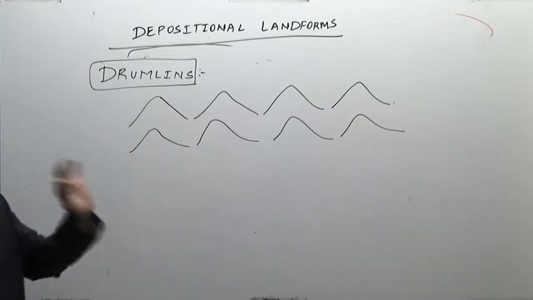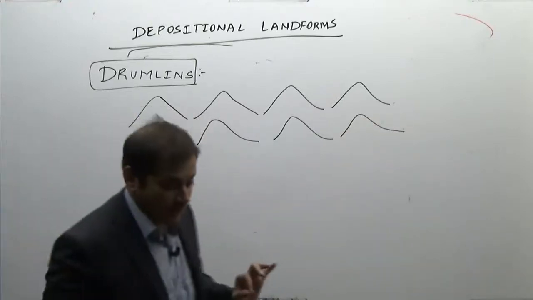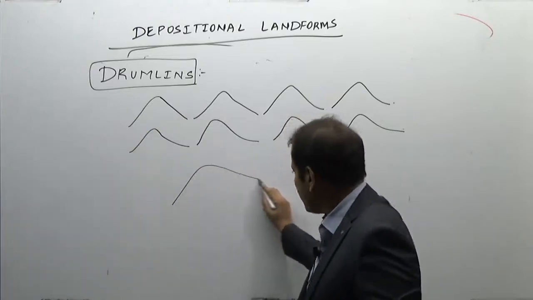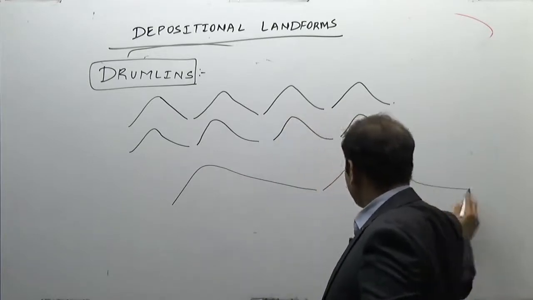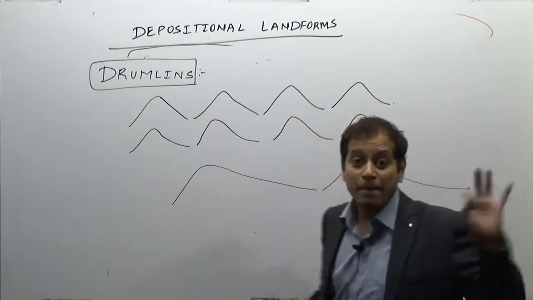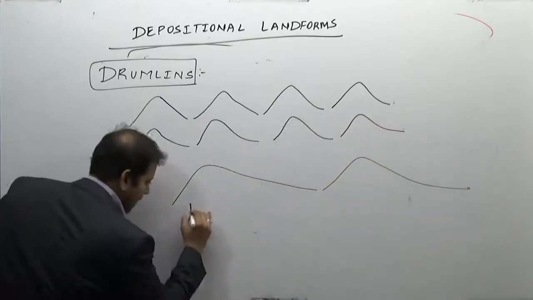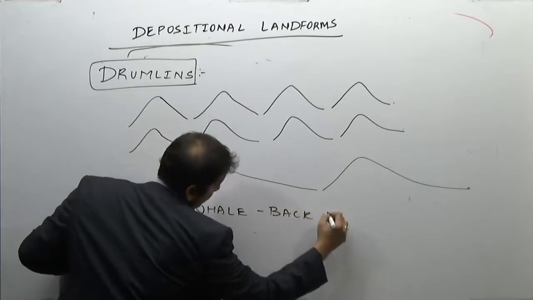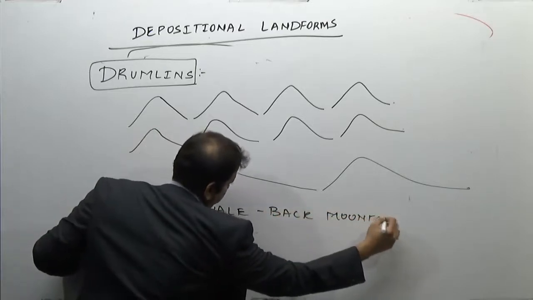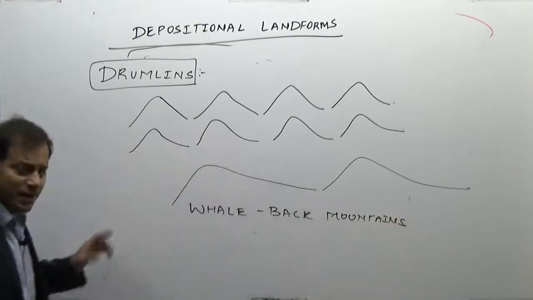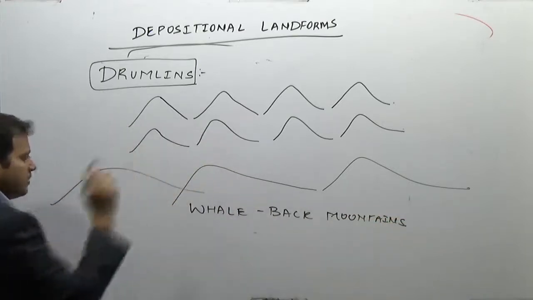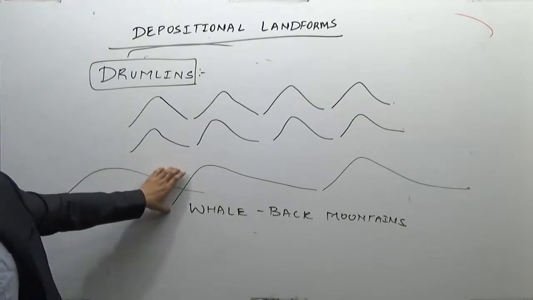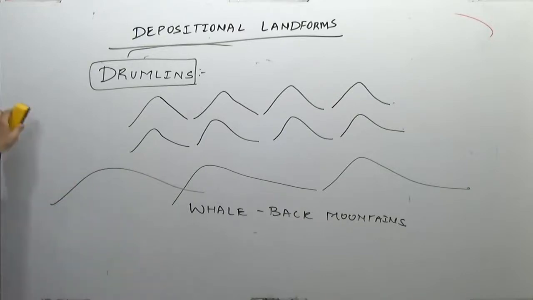Because of such topography, being steep on one side and elongated on the other, they are also known as whale back rocks or whale back mountains. Why? Because the back of a whale is also similar like this: steep on one side, it gets elongated, and then it is gentle on the other side.